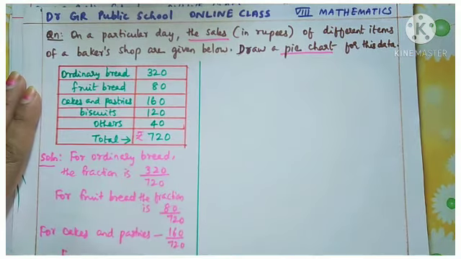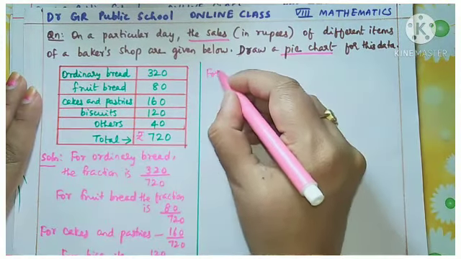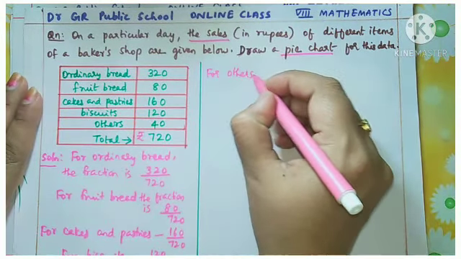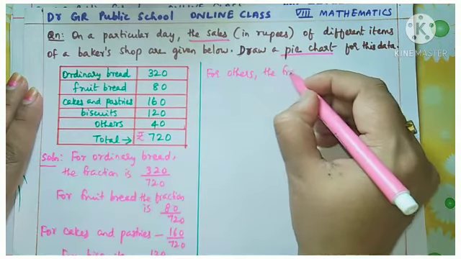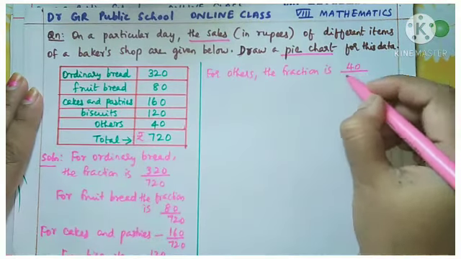Then for biscuits, 120 by 720, and for others, the fraction is 40 by 720.